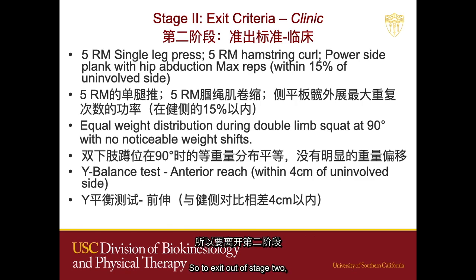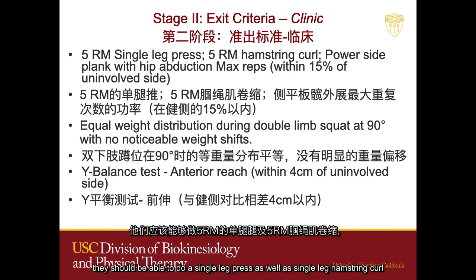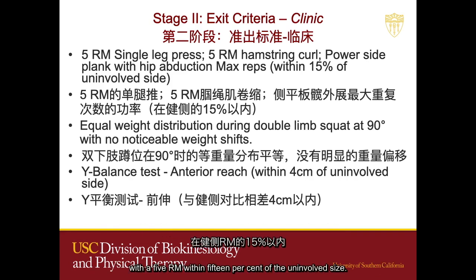So to exit out of stage 2, they should be able to do a single leg press as well as single leg hamstring curl with a 5 rep max within 15% of the uninvolved side.